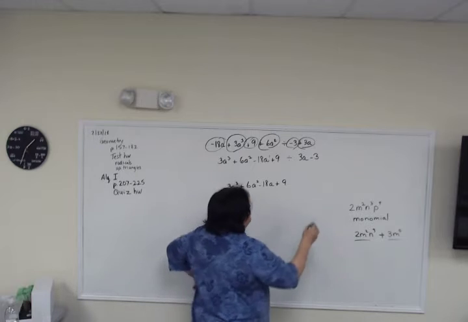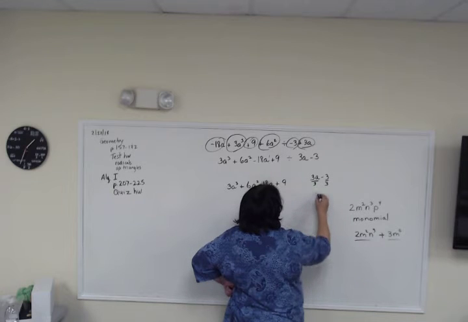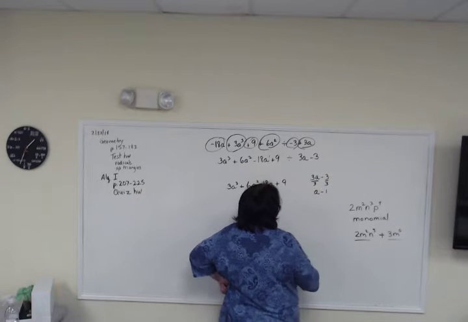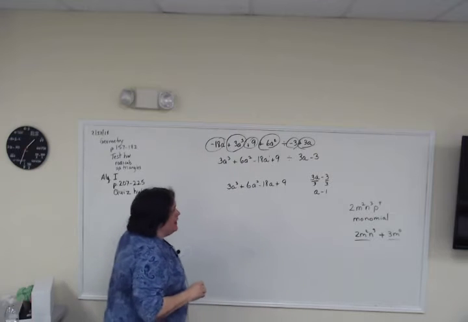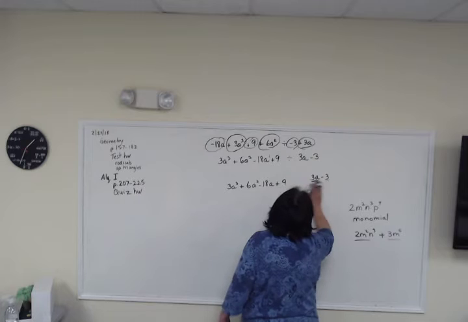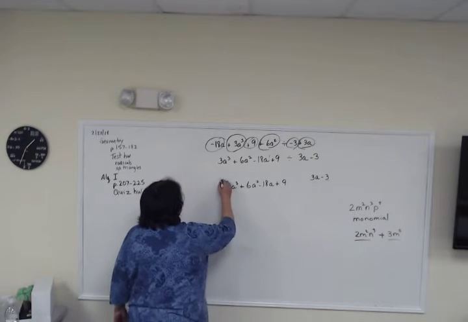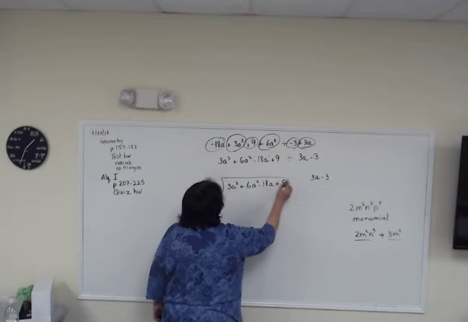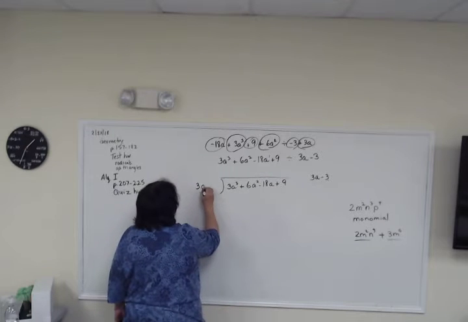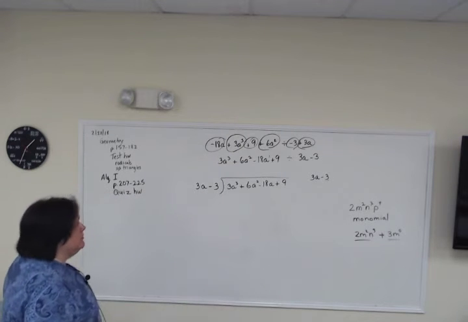Now, remember, 3a minus 3, divide each one by 3. This is a minus 1, right? Oh wait, I'm sorry. That's for synthetic division. It's just 3a minus 3. We'll do it synthetically too.